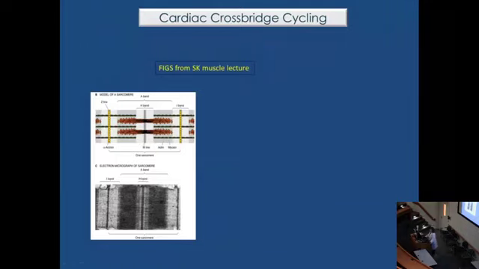Okay, so as I said before, the cardiac muscle is striated, and here is a representation of the arrangement of the thick and thin filaments into the sarcomeres. Remember that I used this cartoon when we talked about skeletal muscle in our lecture. And then because we have the similarities with the skeletal muscle, you can assume that they will follow the same sliding filament mechanism that I described during our skeletal muscle lectures.